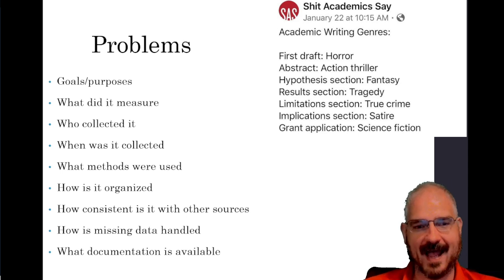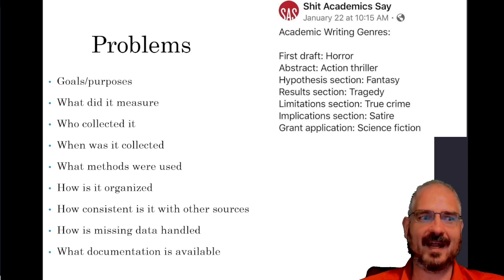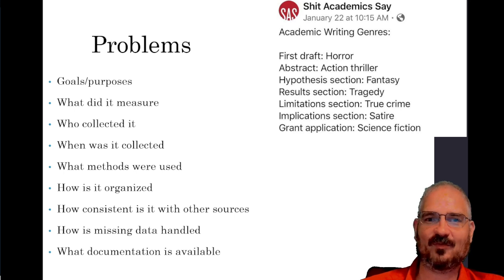Because all of that can have an effect on how you do your analysis and how appropriate it is for you to be able to use to answer your research question, right?